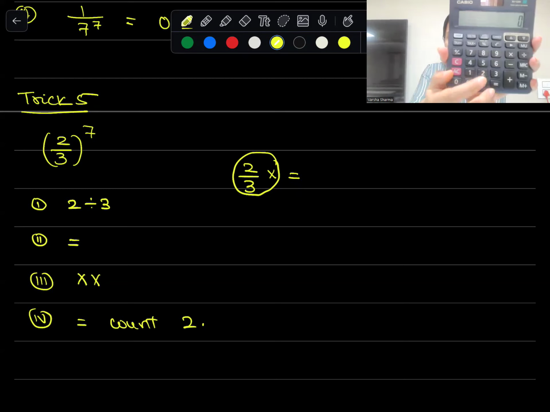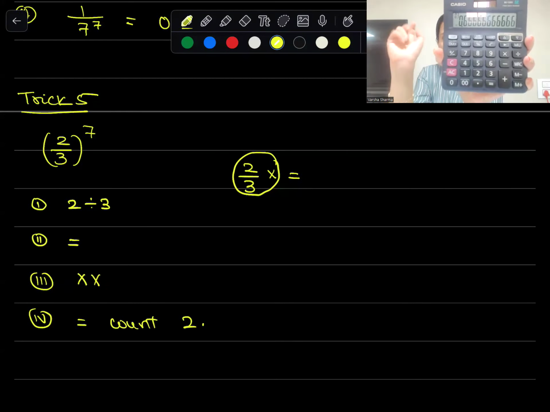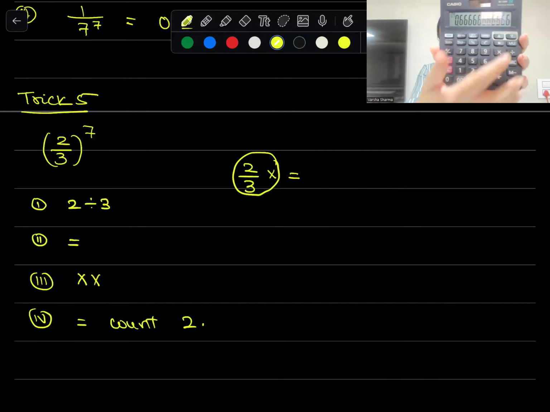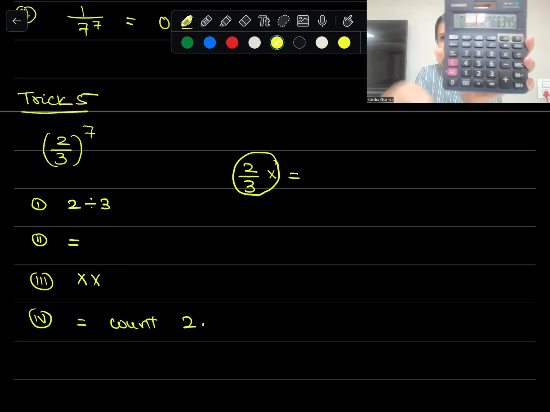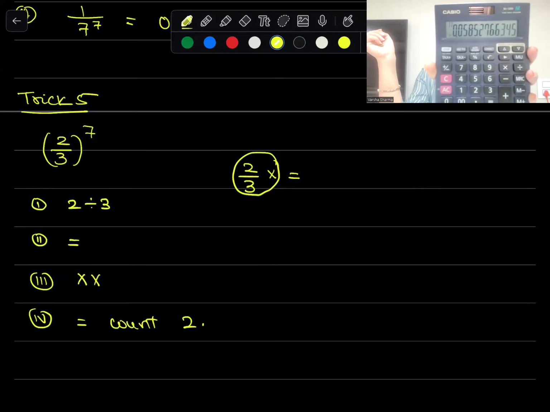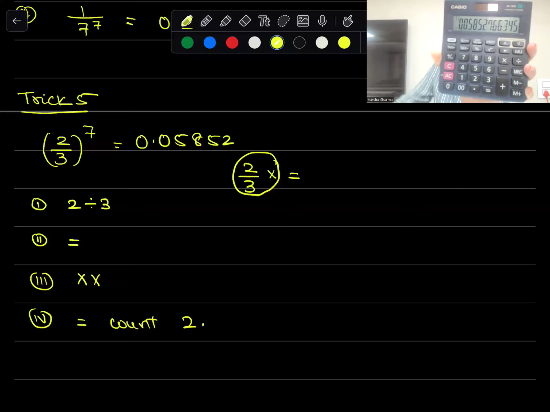So this is my calculator. 2 divided by 3 equal to, I've got this value. Pressing the multiplication sign, then equal to: 2, 3, 4, 5, 6, 7. That's my value, 0.05852 and so on.